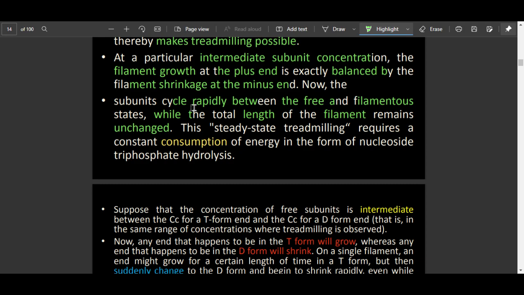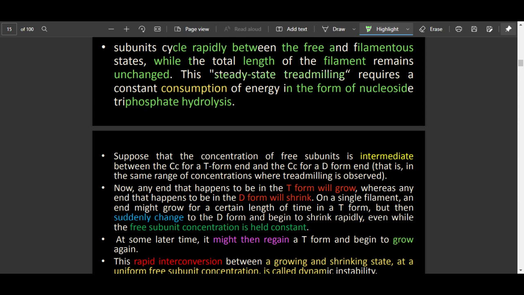This unchanged filament length occurs during steady-state treadmilling, which requires constant consumption of energy in the form of nucleoside triphosphate hydrolysis.